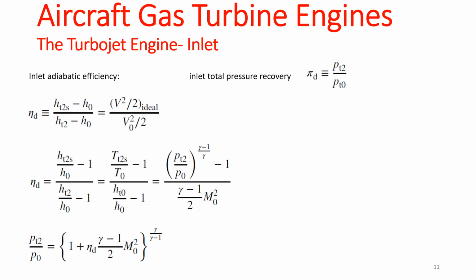Okay, and eventually, the goal was to relate this pressure ratio to a Mach number. That was essentially the goal, using the efficiency of the diffuser.